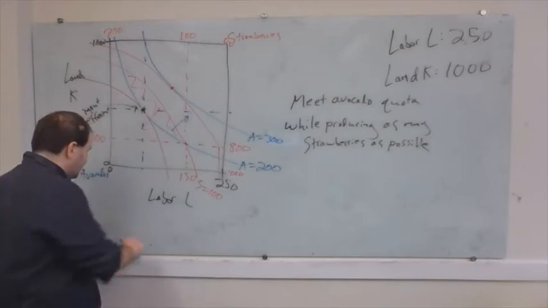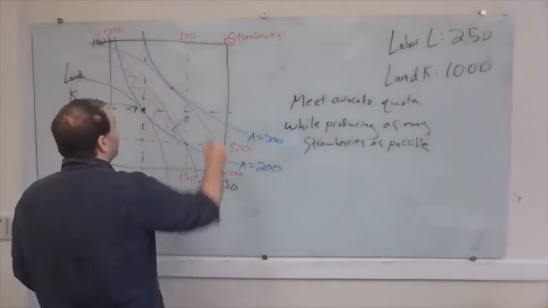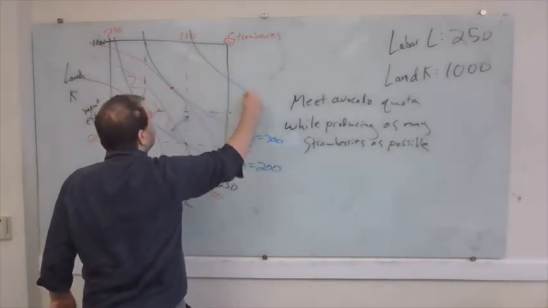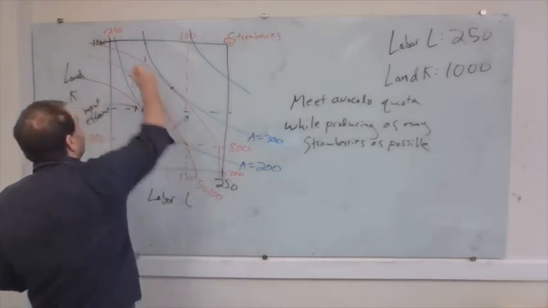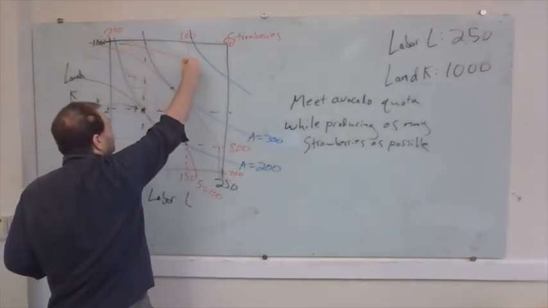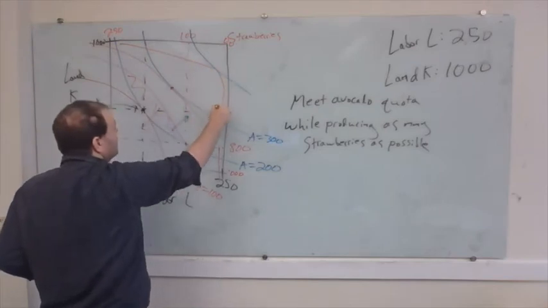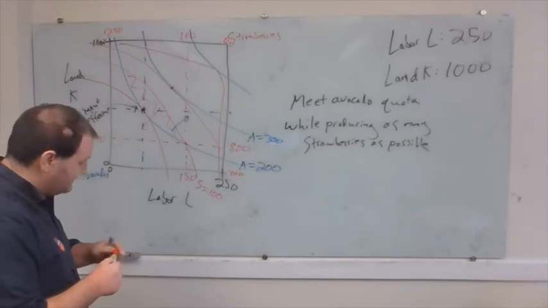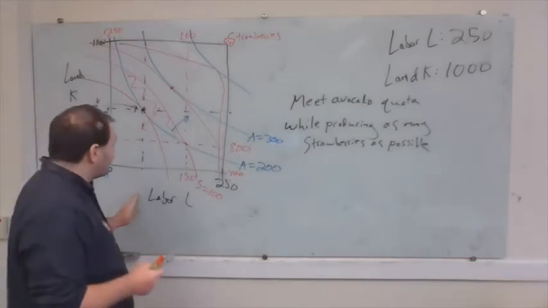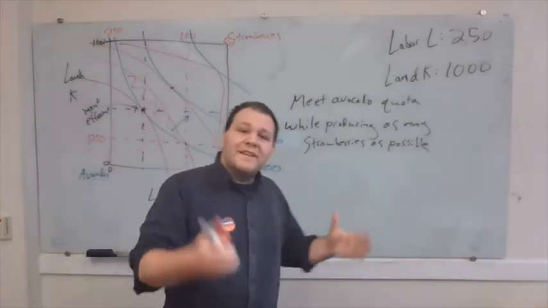Right, if our boss had asked us for 400 avocados, right, we would have had to figure out the input efficient way of growing 400 avocados. Right, maybe we would have had something like this. Make sense?